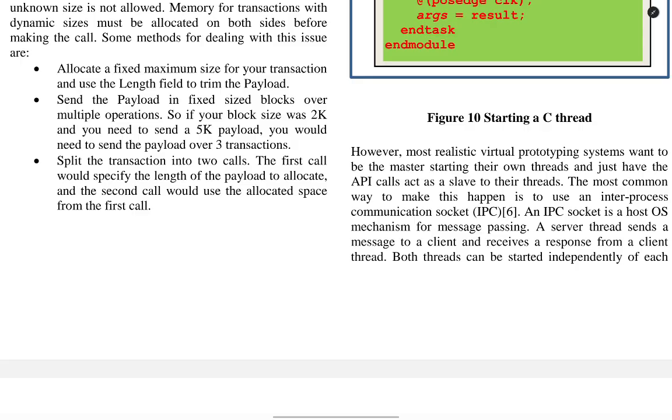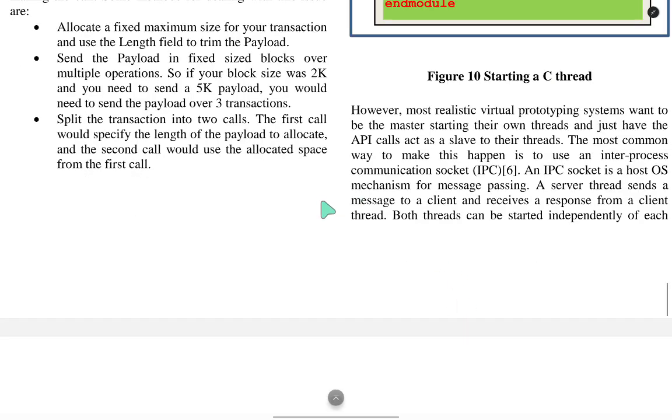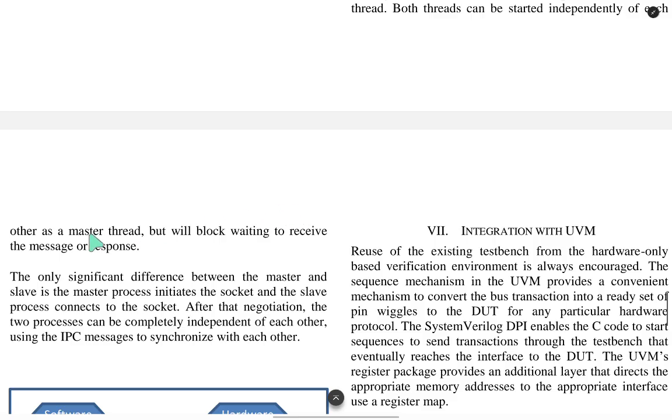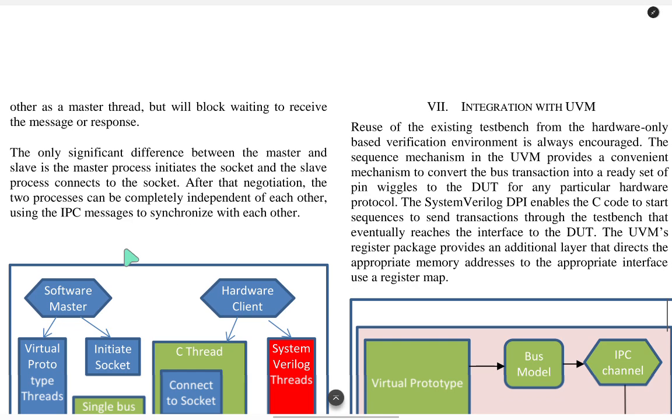A server thread sends a message to a client and receives responses from a client thread. Both threads can be started independently of each other as a master thread, but will block waiting to receive the message or response. The only significant difference between the master and the slave is that the master process initiated the socket and the slave process connected to the socket.